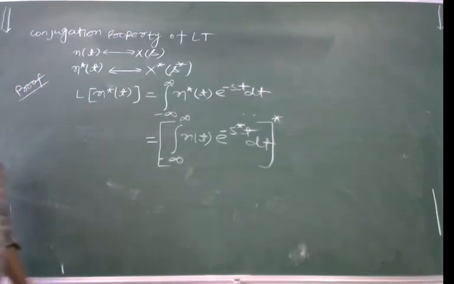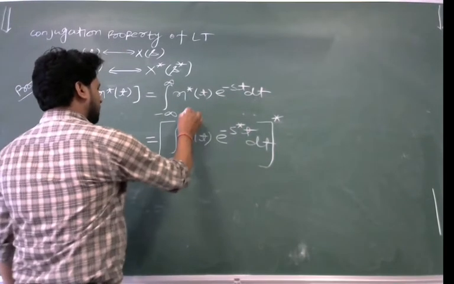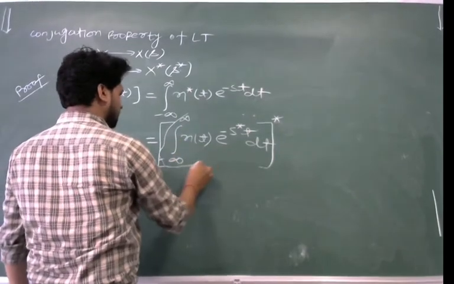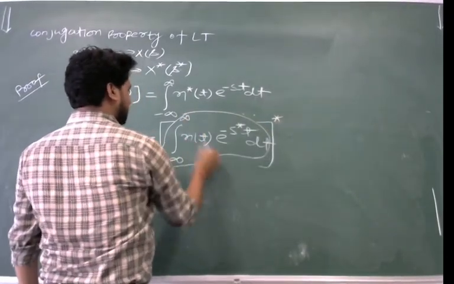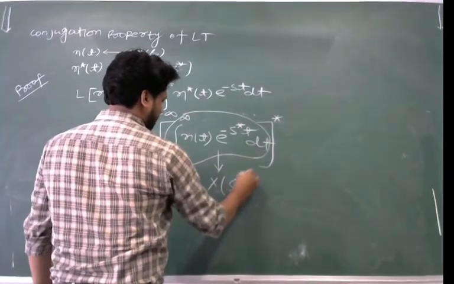By taking the whole conjugate of the given relation, this inside the bracket can be written as X of s conjugate.